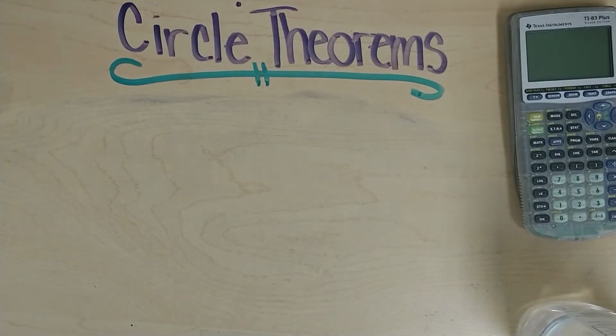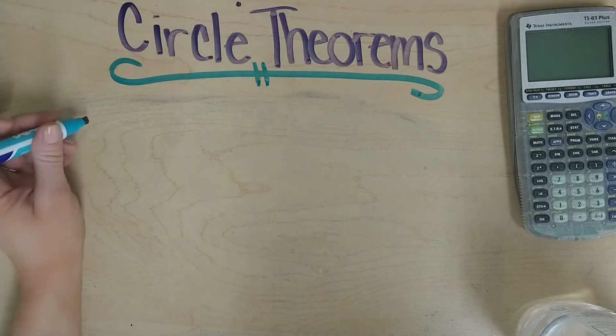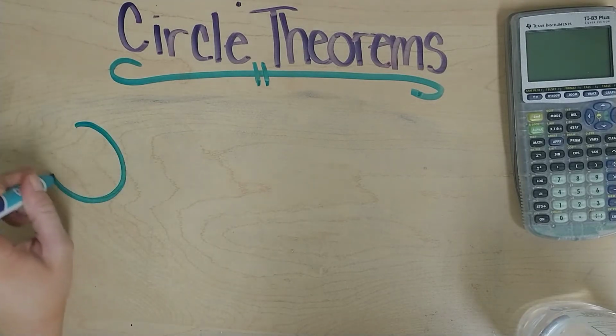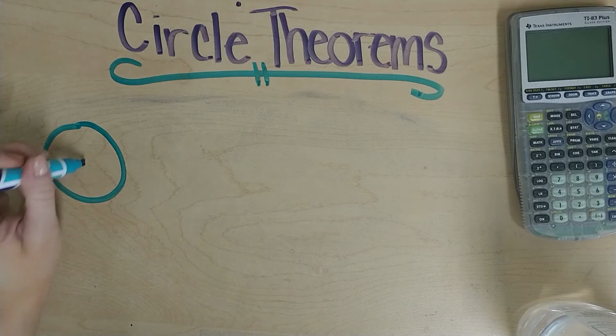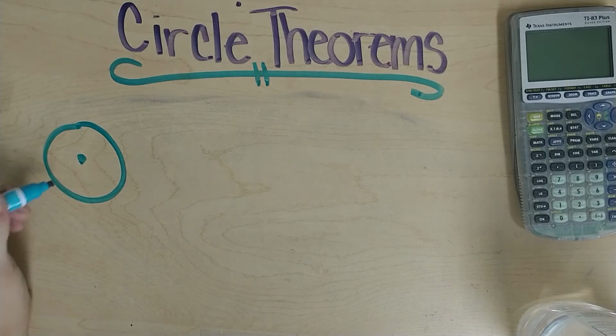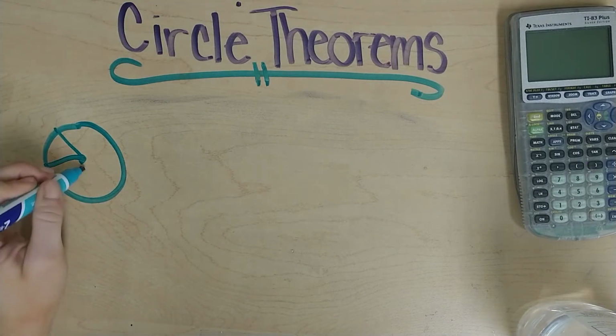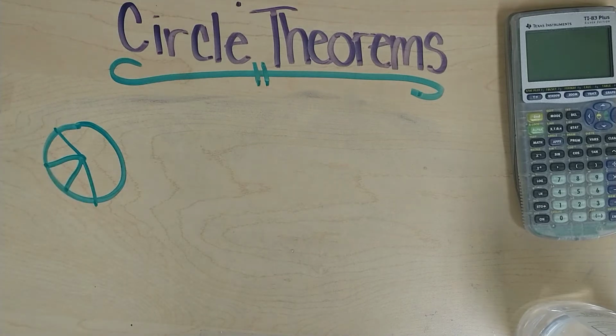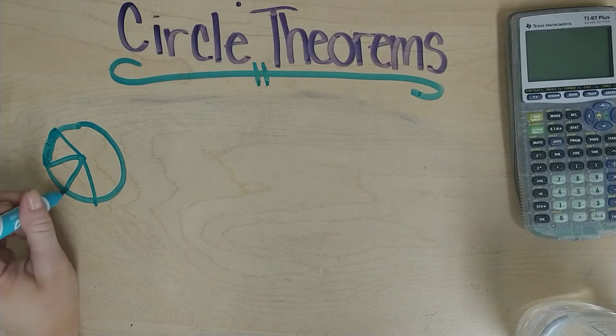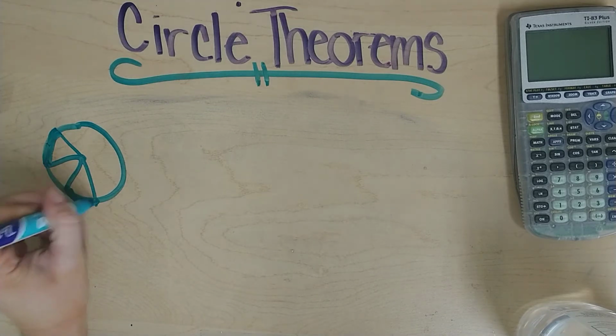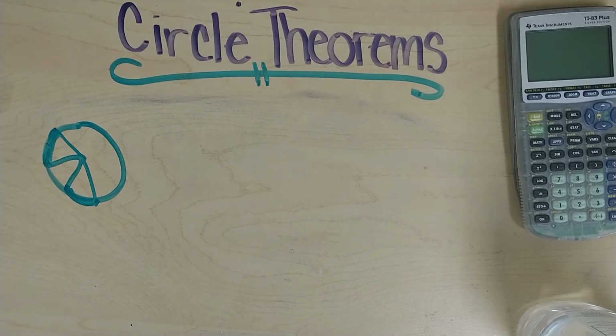I'll be going over 3 more brief circle theorems. These are very quick. Our first one is that from the center of a circle, I'm going to create a couple sectors. If the arc right here is one number, it is the same as this.